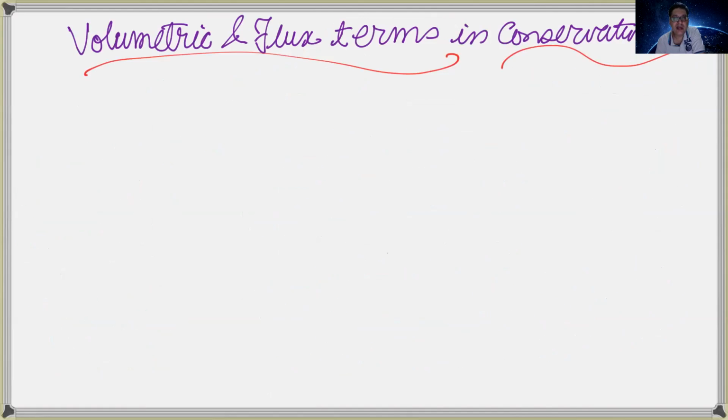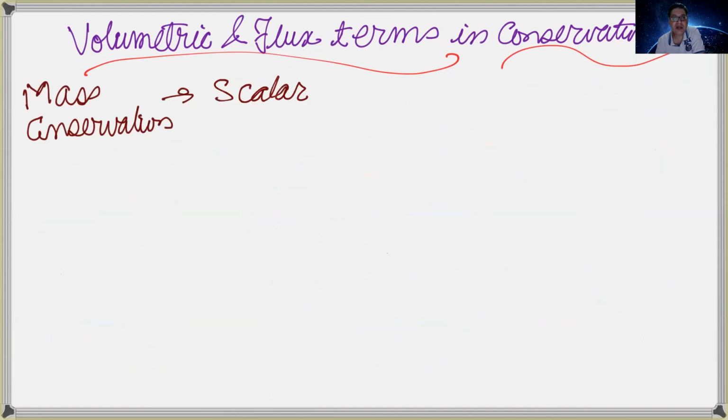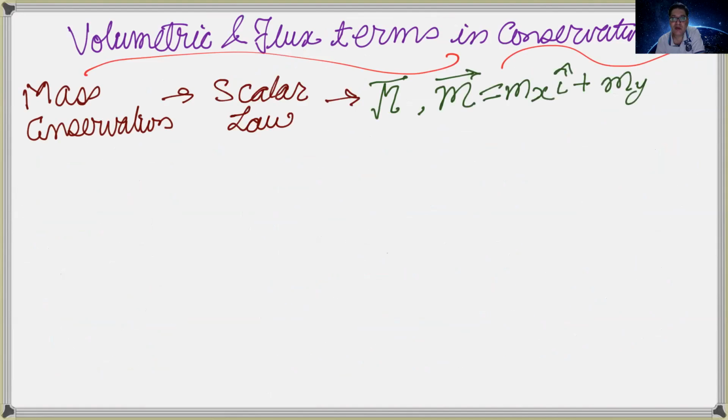So finally, the volumetric and flux terms in the conservation laws are as follows. In the mass conservation law, which is a scalar law, the volumetric variable is volumetric mass, which is density, and the flux term is mass flux.